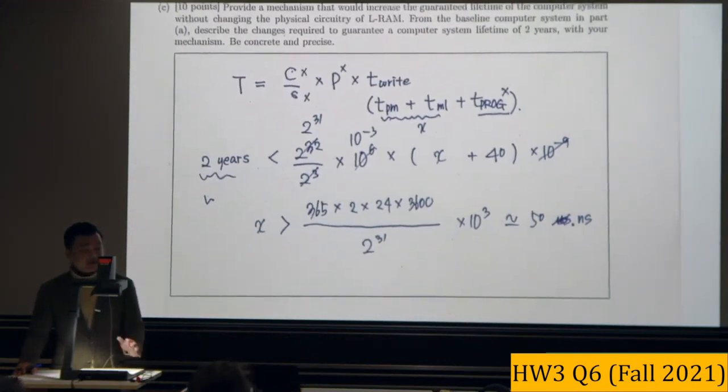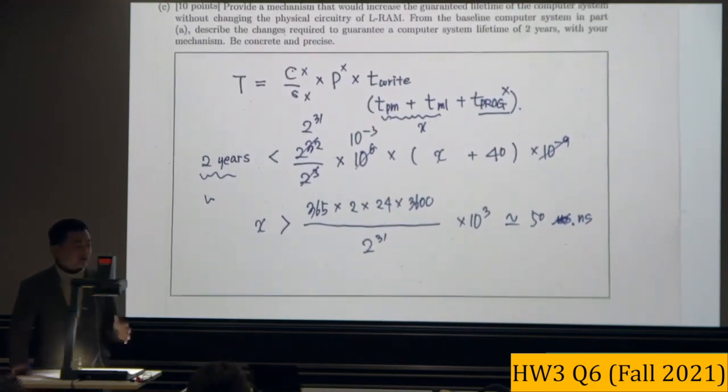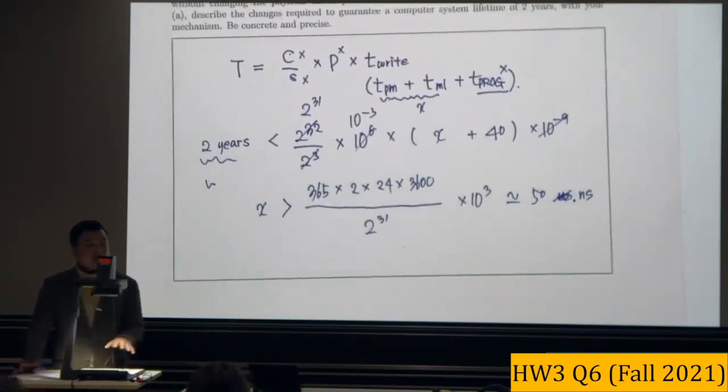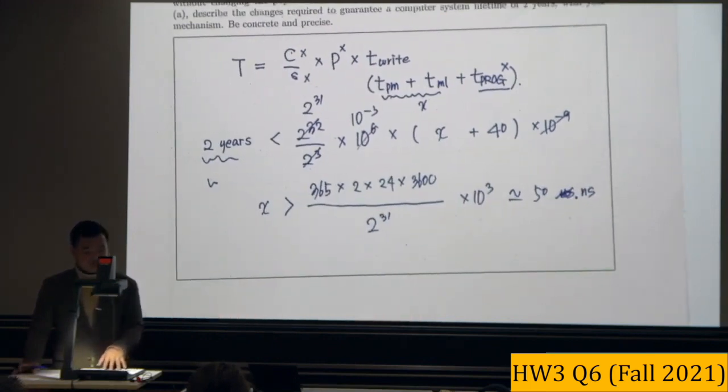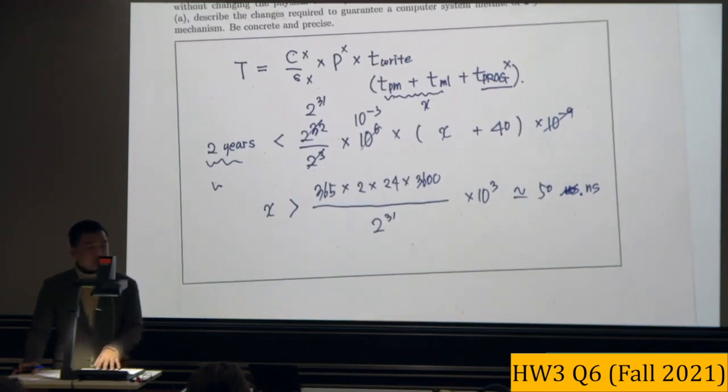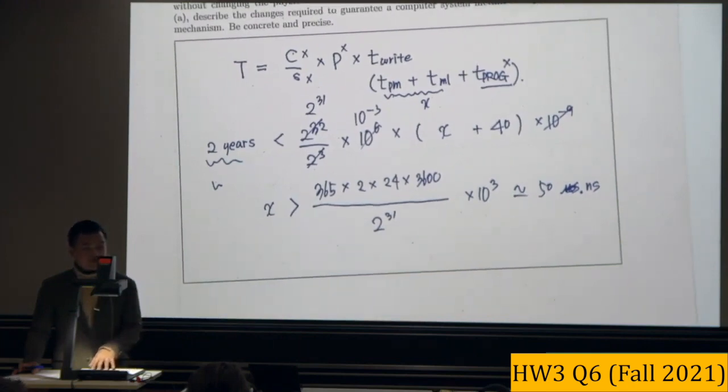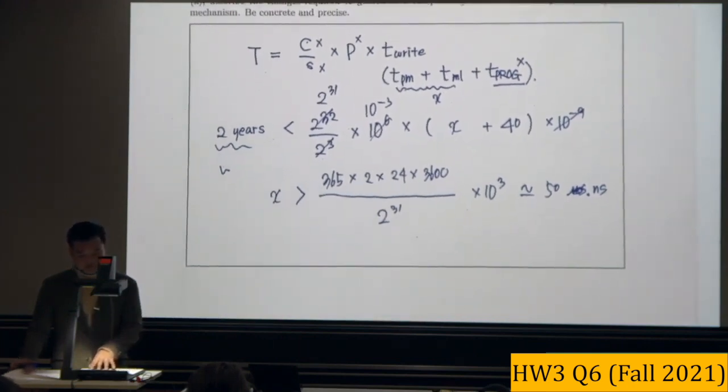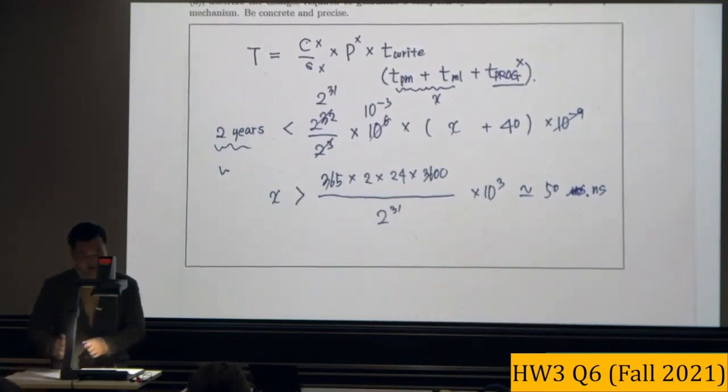But if our most important concern is to guarantee the lifetime, we can call this approach throttling, and it is commonly used when we design real systems. The required delay value is 40.